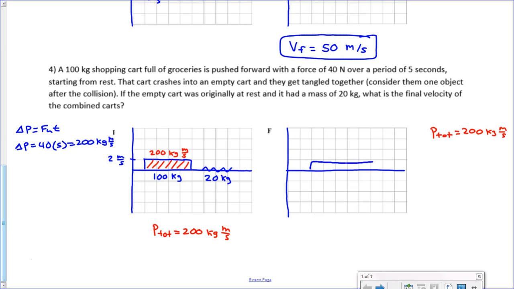If they are all one object, then the mass is 120 kilograms. The combined momentum is 200 kilogram meters per second, and if you divide that momentum by the mass, you end up getting a velocity of 1.67 meters per second.